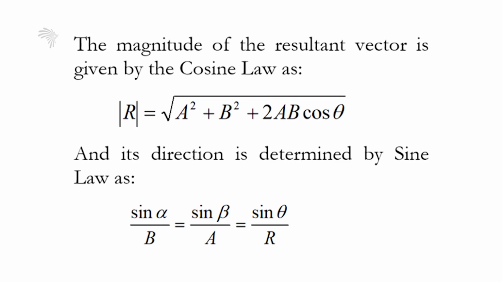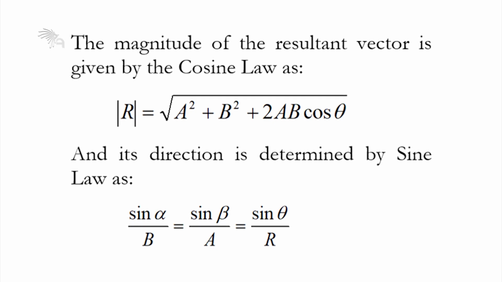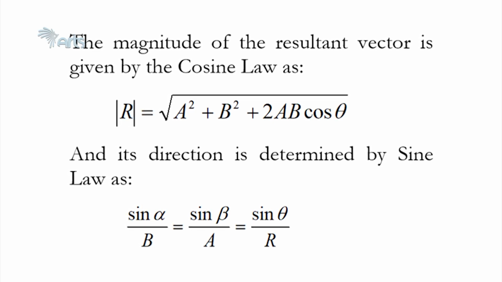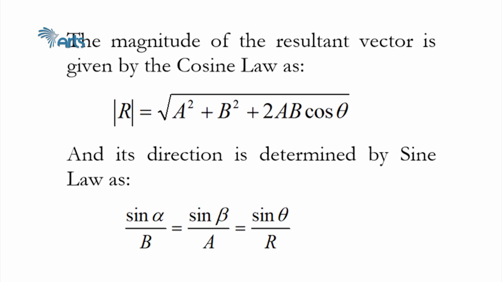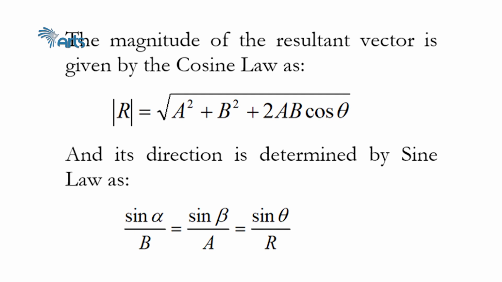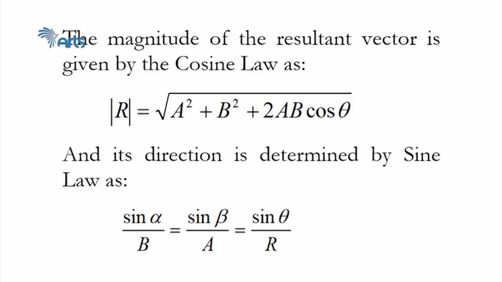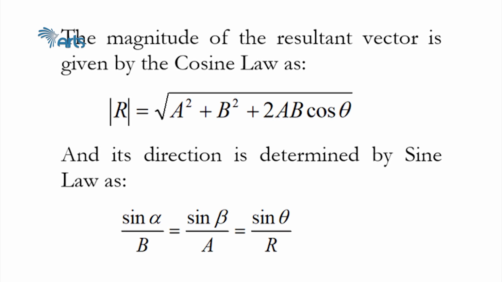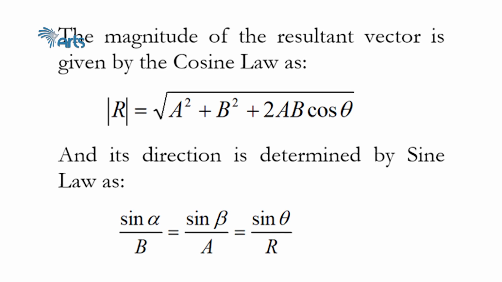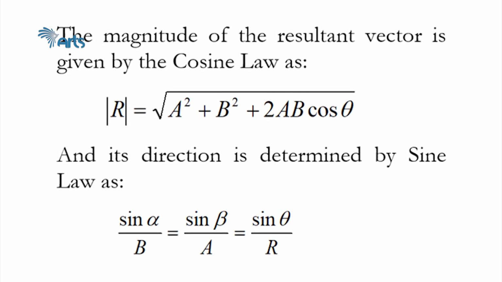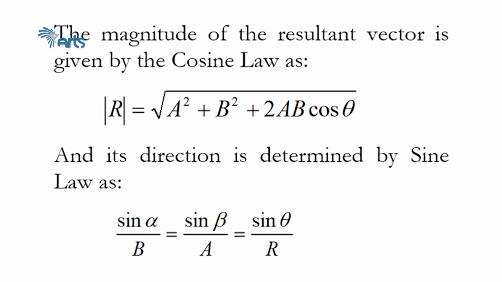And the magnitude of the resultant vector is given by the cosine law. For these two vectors A and B connected tail to tail, to find the magnitude of the resultant vector, we can apply this law. The law states that the magnitude of the resultant vector equals the square root of A squared plus B squared plus twice AB cos theta, where theta is the smaller angle between the two vectors, and its direction is determined by the sine law.